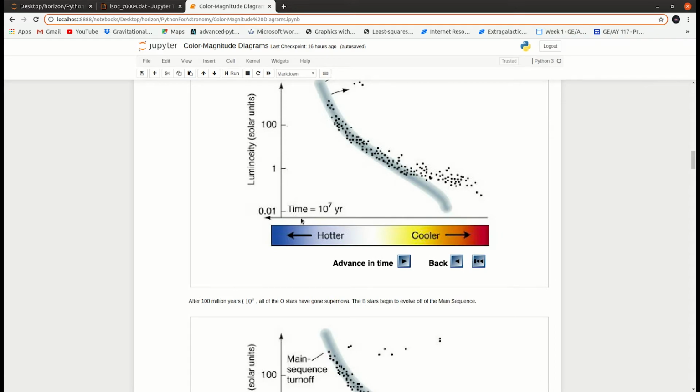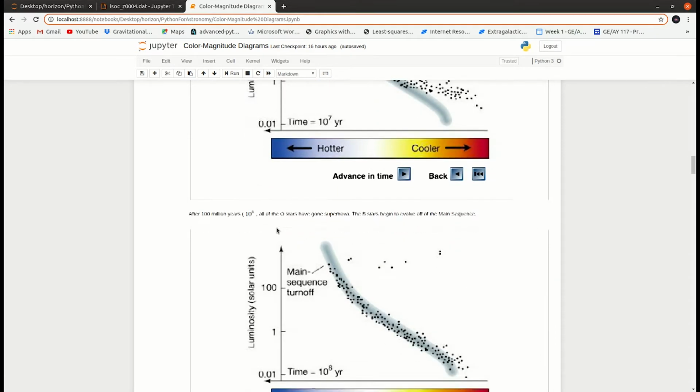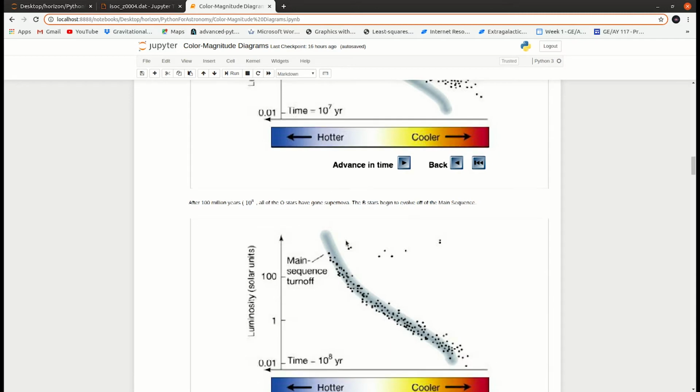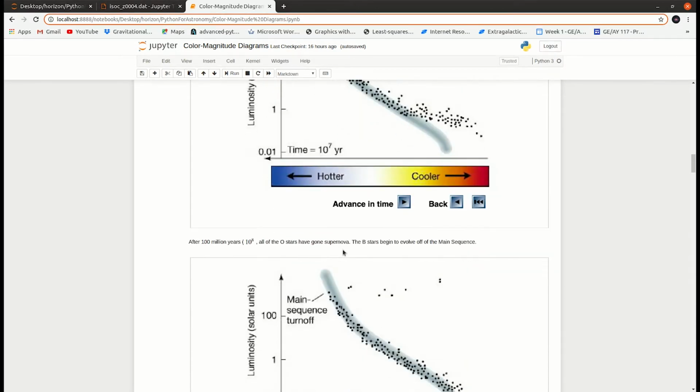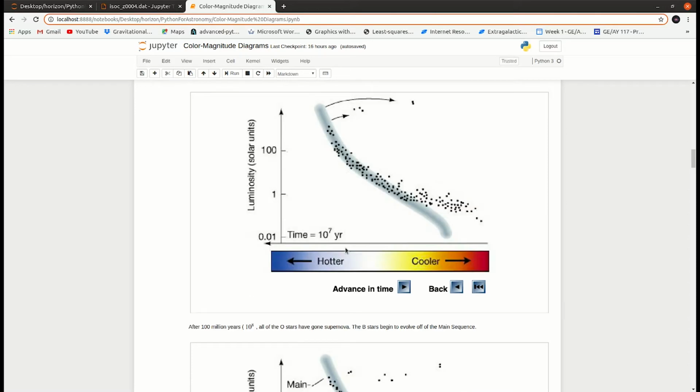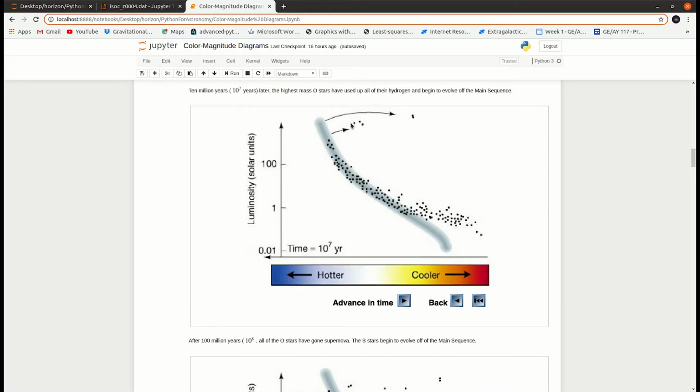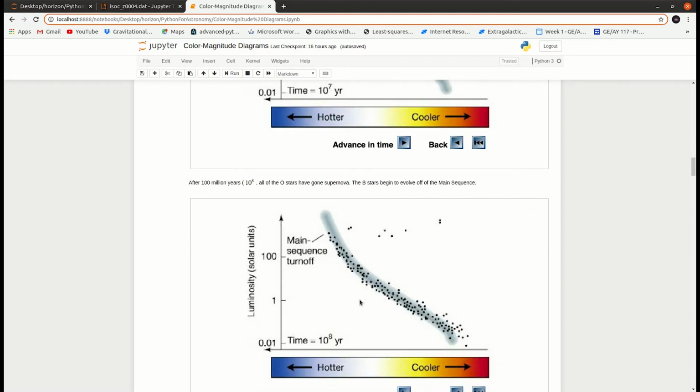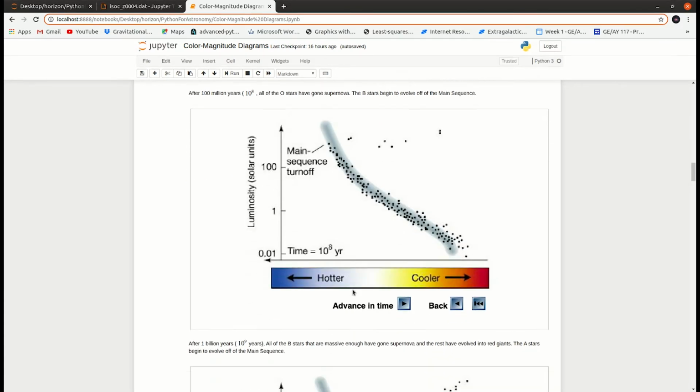After around 100 million years, all of the O type stars have gone supernova, which means they have completely exploded. Whereas now the B stars, which were not involved before, are stripping off the main sequence and moving towards red giant and later the supernova phase.